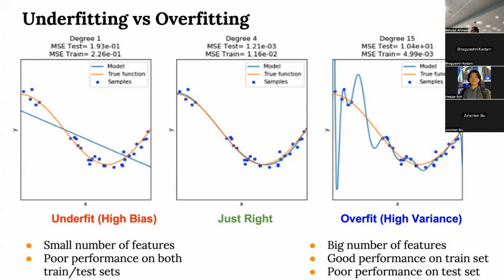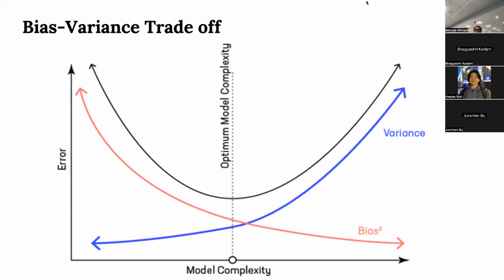And there is some point in the middle. Always there is a point in the middle. As you increase the degree of your model from 1 to 4 to 15, you would notice that you are going into the overfit domain. That's why this is a very interesting curve when you are plotting the error versus the complexity of the model.